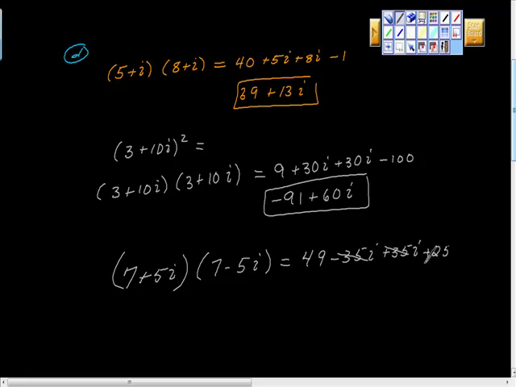What happens to the imaginary part? Is there any imaginary part here anymore? No, there's not. 25 plus 49, 74. Is it 74? 74 is our answer. Okay?